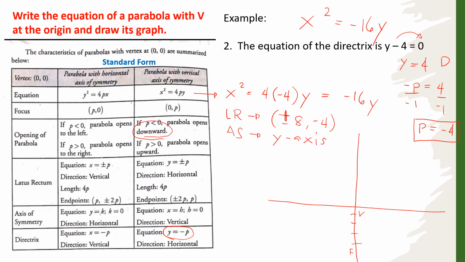So kanan tayo ng 8, 1, 2, 3, 4, 5, 6, 7, 8. Then baba ng 4. So ito yung one of the endpoints. And then kaliwa ng 8, 1, 2, 3, 4, 5, 6, 7, 8.